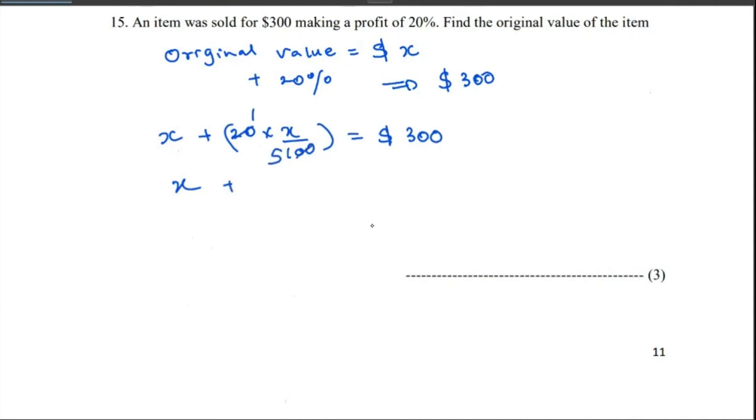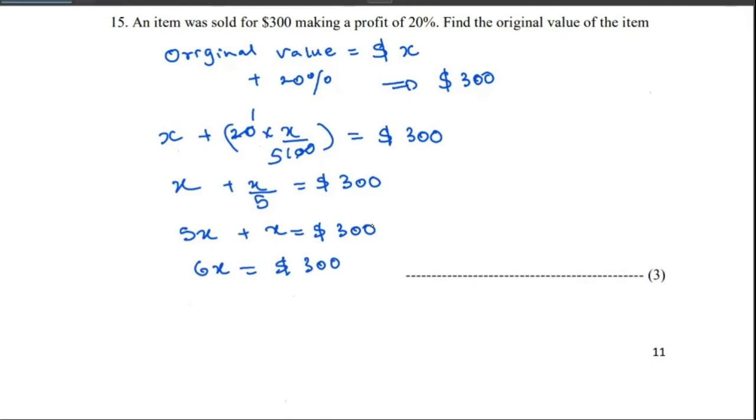So X plus X upon 5 is $300. Now we will multiply everything throughout by 5. 5x plus x is $300.